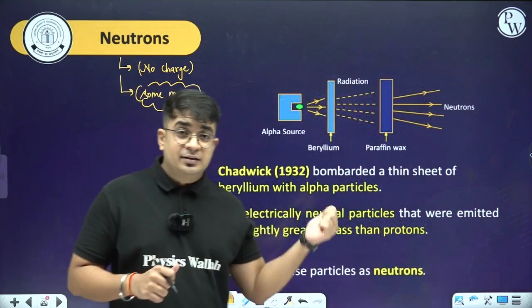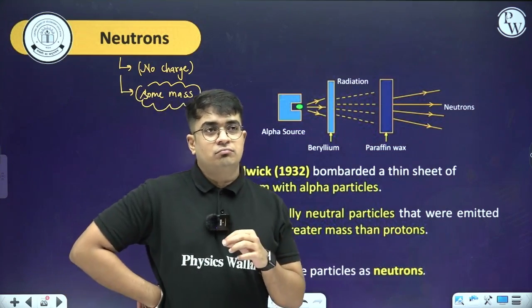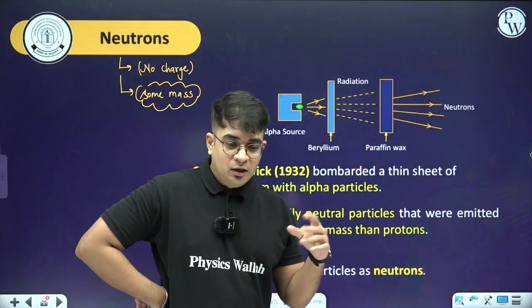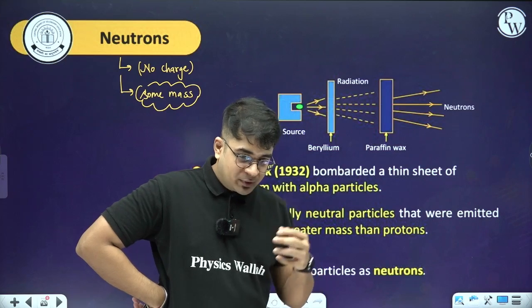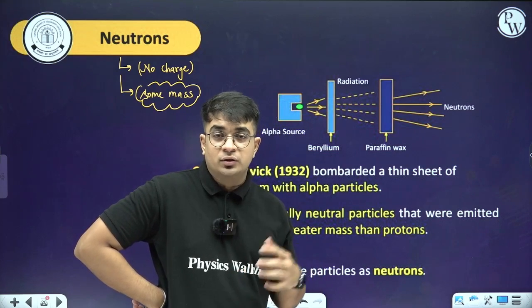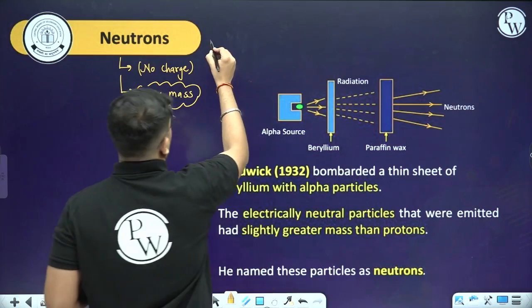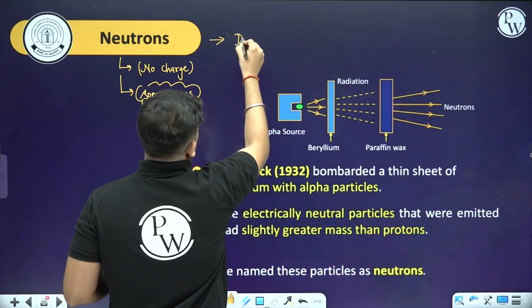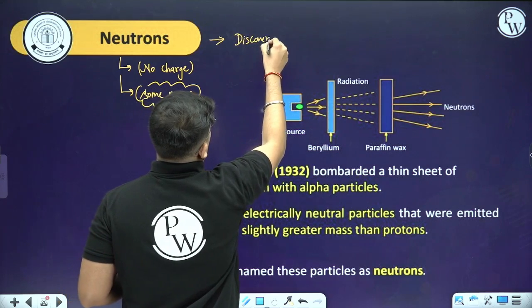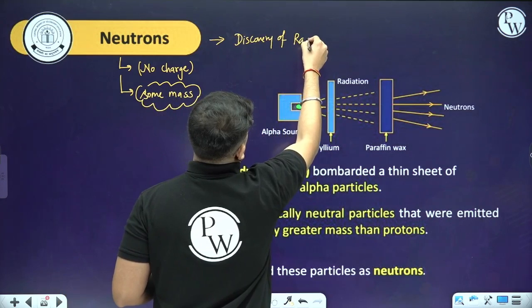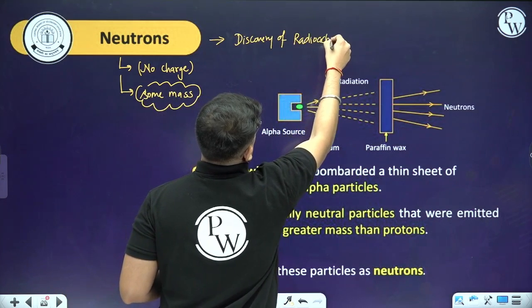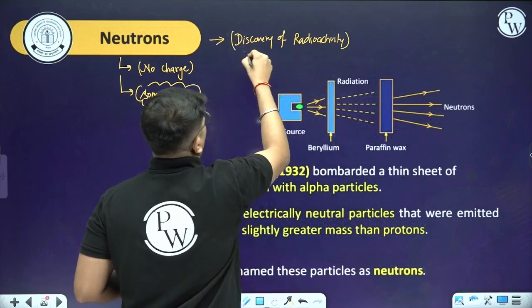But remember, this discovery of the neutron took, I'm not sure about the years, but almost 10 to 12 years to understand the nature of neutrons, because before the discovery of neutrons, the discovery of radioactivity took place.